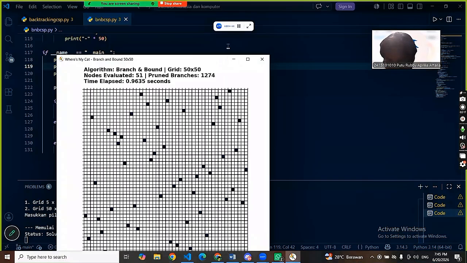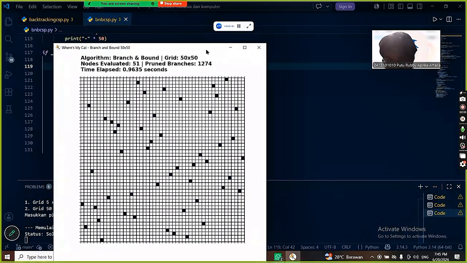So here is the solution of the 50 times 50 for the branch and bound algorithm. The nodes evaluated is just 51. This is much shorter than the backtracking algorithm, because for backtracking it was 220x, if I remember, and the nodes evaluated for the branch and bound algorithm is just 51.